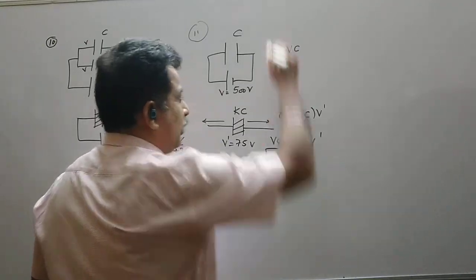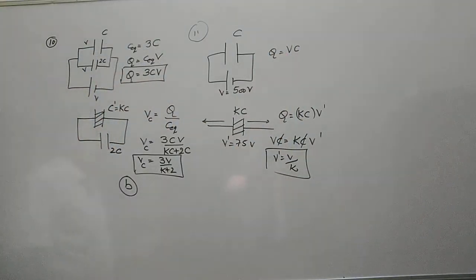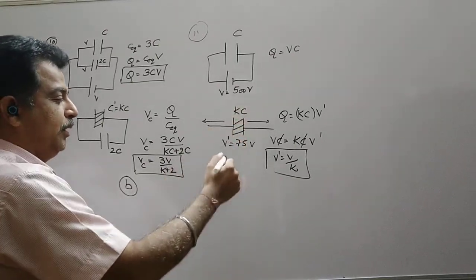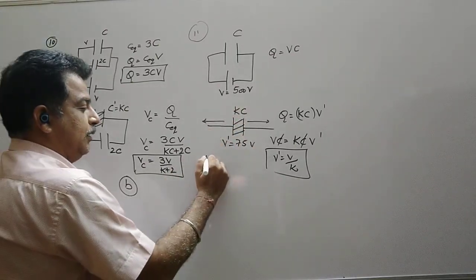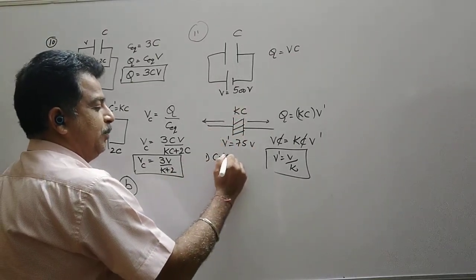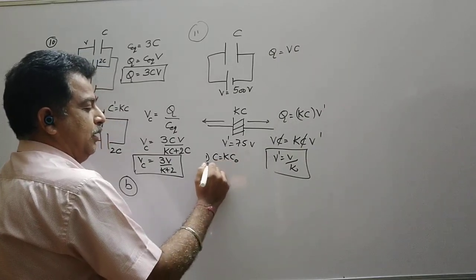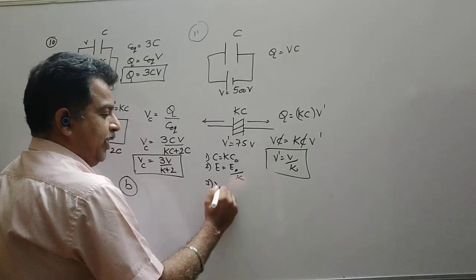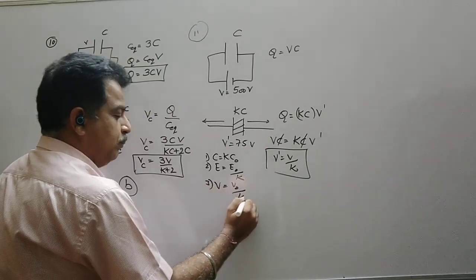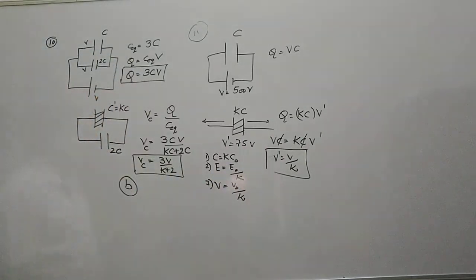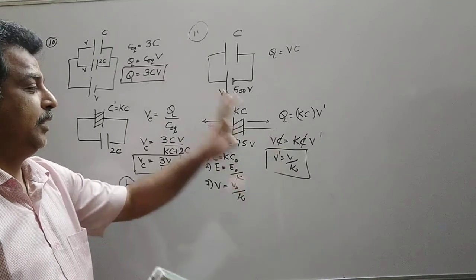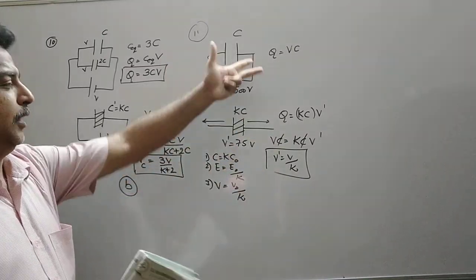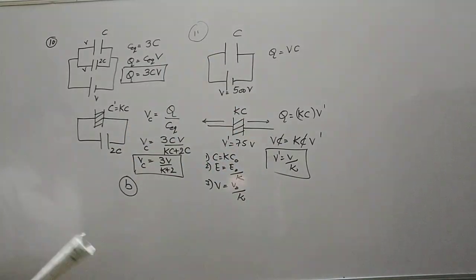Instead of doing all this, we know if the entire space is filled up, that we have studied in the theory, capacitance becomes K times, electric field becomes 1 upon K times, V becomes 1 upon K times, and like this we found the potential energy decreases, surface charge density decreases. So directly also we can apply the formula, otherwise you can find out the total charge.